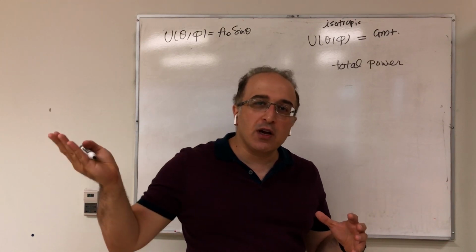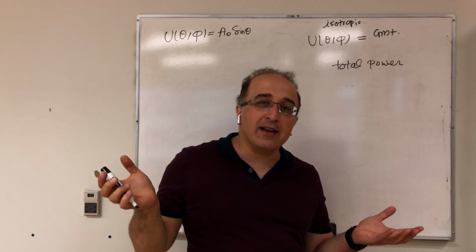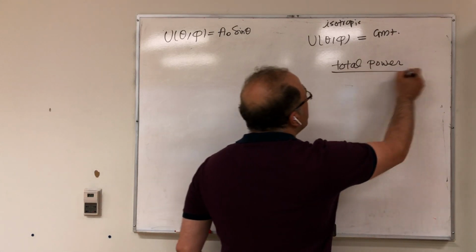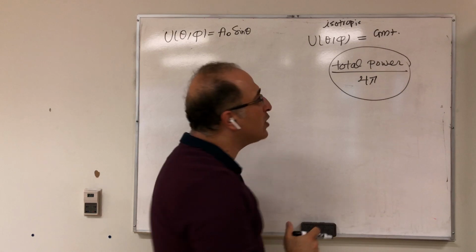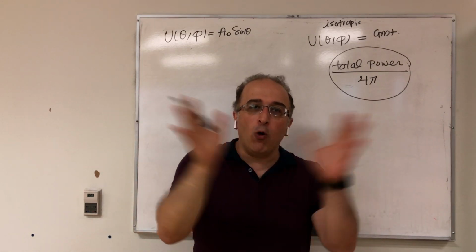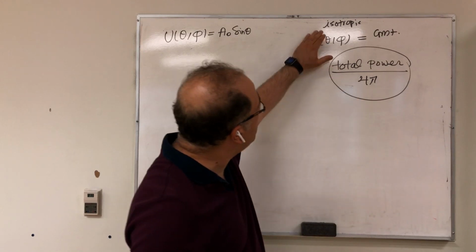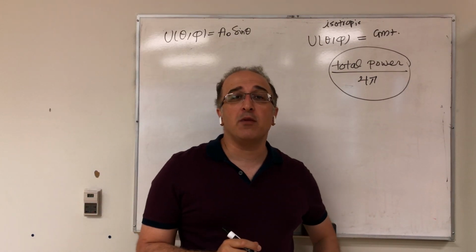Remember how much total angle we had on a circle? 2 pi. On a sphere, 4 pi. So that's essentially the total power divided by 4 pi. That distributes the total power equally in all the cones around the isotropic antenna. So that would be the u(theta, phi) of an isotropic antenna.